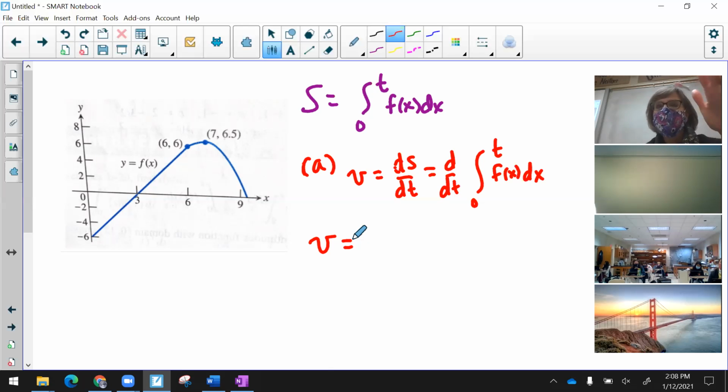If I take the derivative of that integral, what am I going to get? It's real simple. Just replace x with t. So I get f of t.